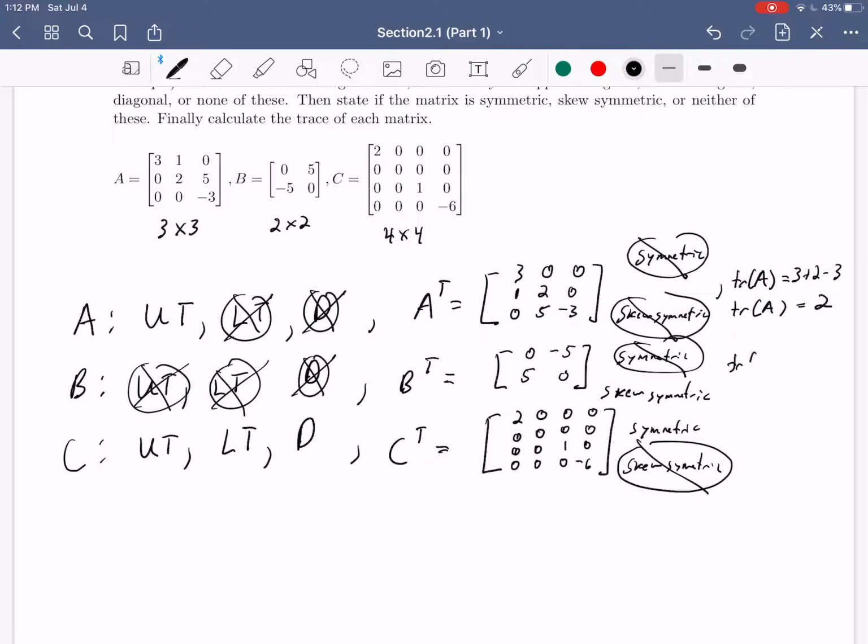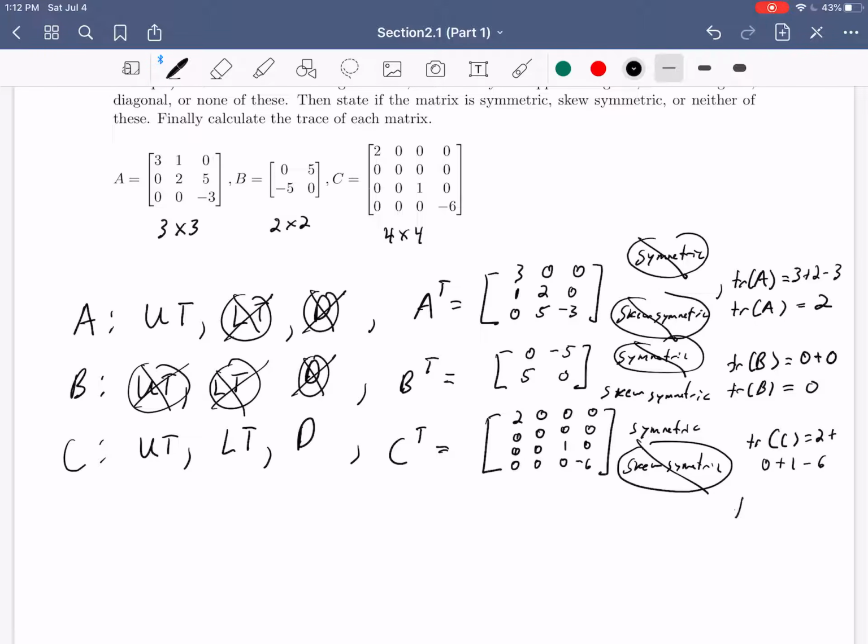The trace of B is 0 plus 0. So trace of B is 0. And for trace of C, we're adding up the diagonal elements. So trace of C looks like it would be 2 plus 0 plus 1 plus or minus 6.